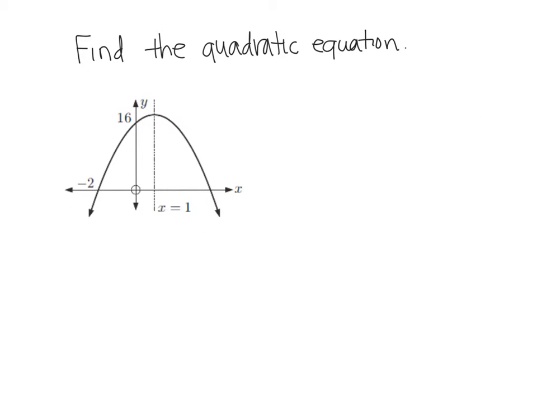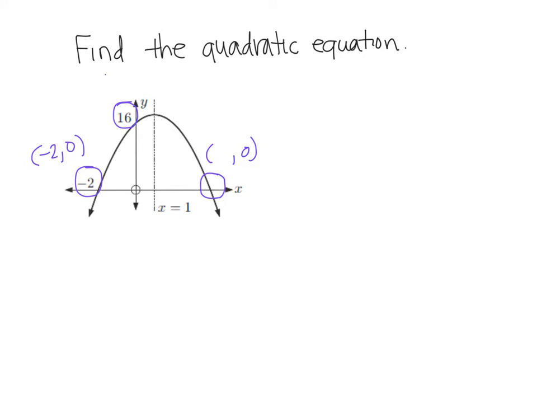Find the quadratic equation given this graph. We are given -2 and some point over here as where it crosses the x-axis. So it has a coordinate of (-2, 0), and we don't know the x-coordinate, but we know the y-coordinate must be 0. We are also given 16 as a y-intercept.